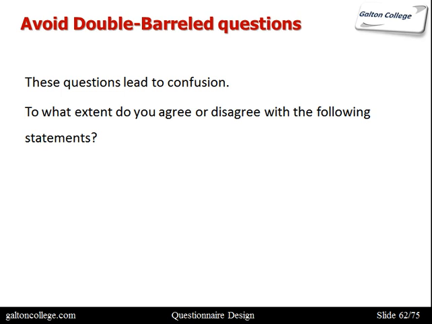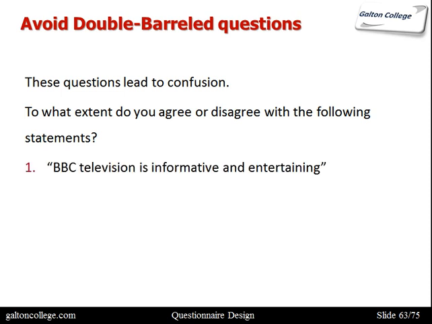But having said that, to what extent do you agree or disagree with the following questions? Let's look at one of the questions. Let's say, BBC television is informative and entertaining. Now, do I agree with that? Well, I could agree that it's very informative, but it's not very entertaining. Or I could agree it's very entertaining, but not informative. But is it informative and entertaining?